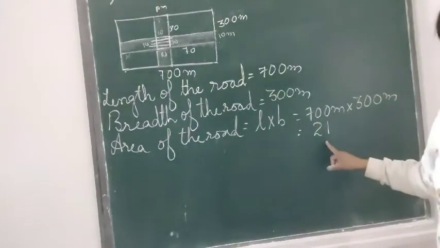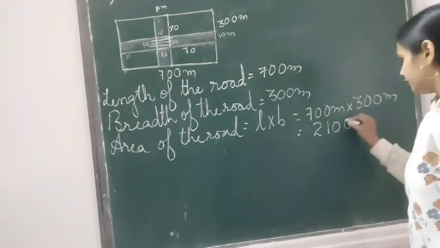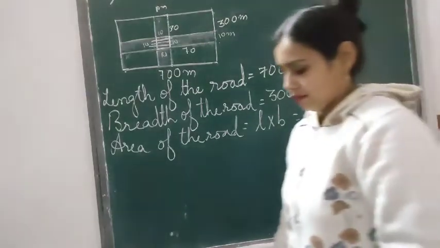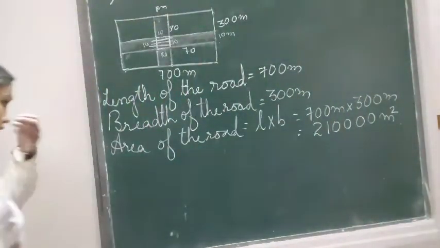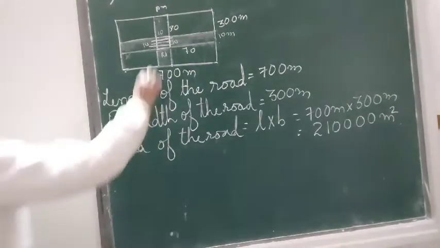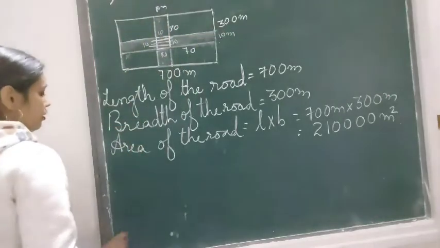Seven threes are 21, and how many zeros? 1, 2, 3, 4. Meter into meter gives us meter square. So this is the area of the road. Now we have to find the area of this road and the area of this road. So let's start.